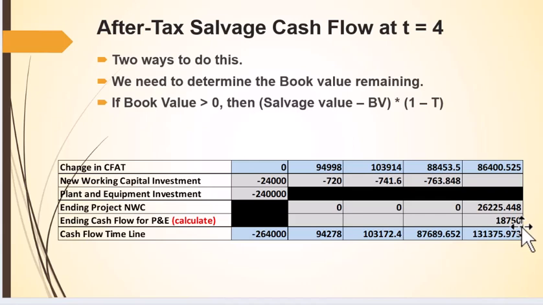At the end of the fourth year, we know that the book value is 0. So whatever our salvage value is, times 1 minus T, that will give us this final cash flow. So for the final cash flows of our timeline, we're going to spend $264,000. Then we have a series of positive cash flows. The economic life of the project is done at the end of year 3.